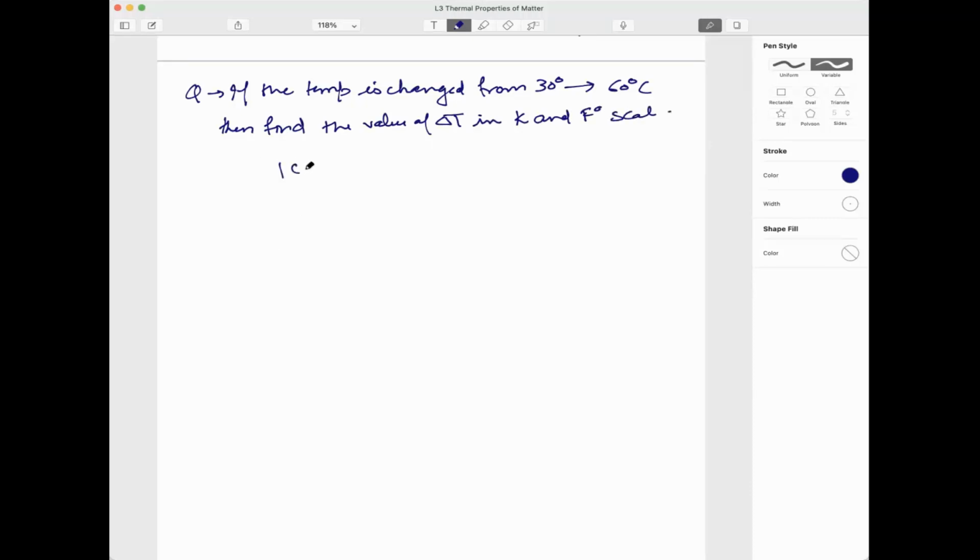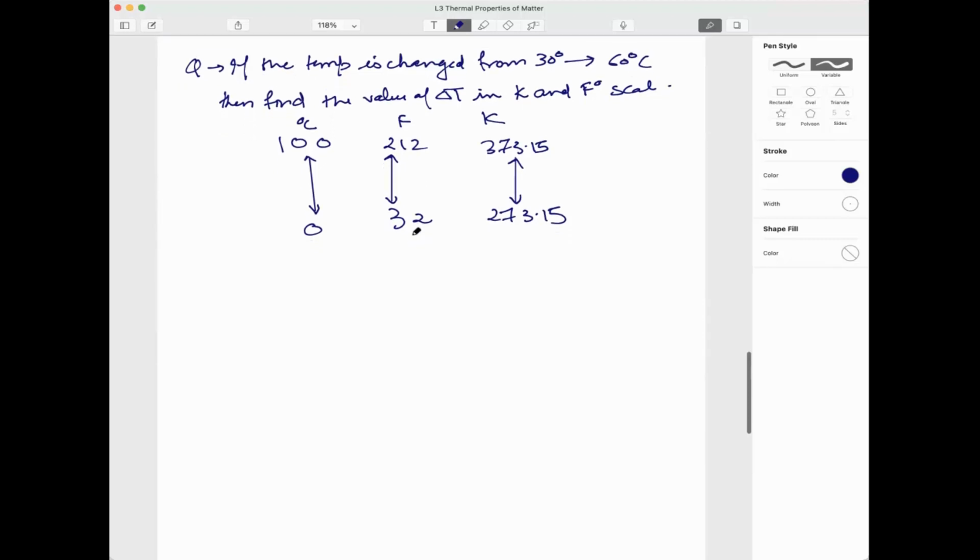Okay, so we know the boiling point and the melting point for degree centigrade. Let's take this approach. For degree centigrade it's 100 and 0, for Fahrenheit it's 212 and 32, for Kelvin it's 373.15 and 273.15.